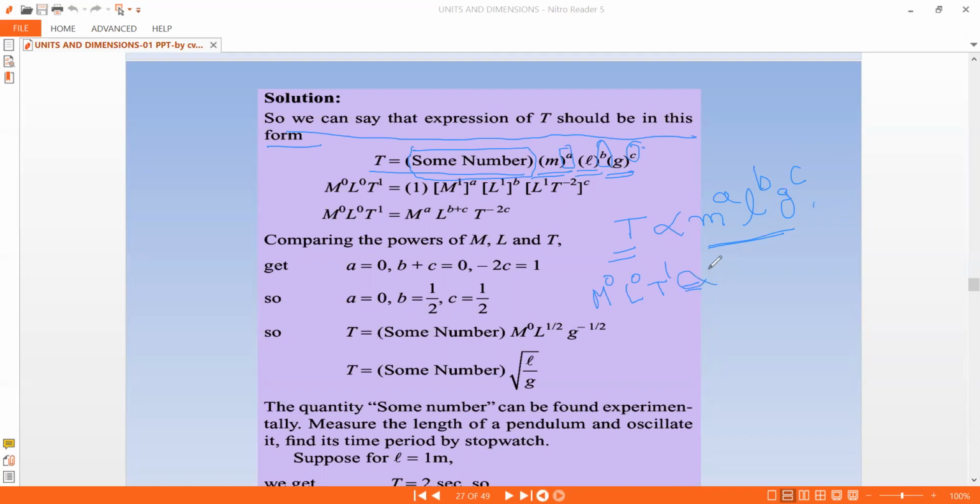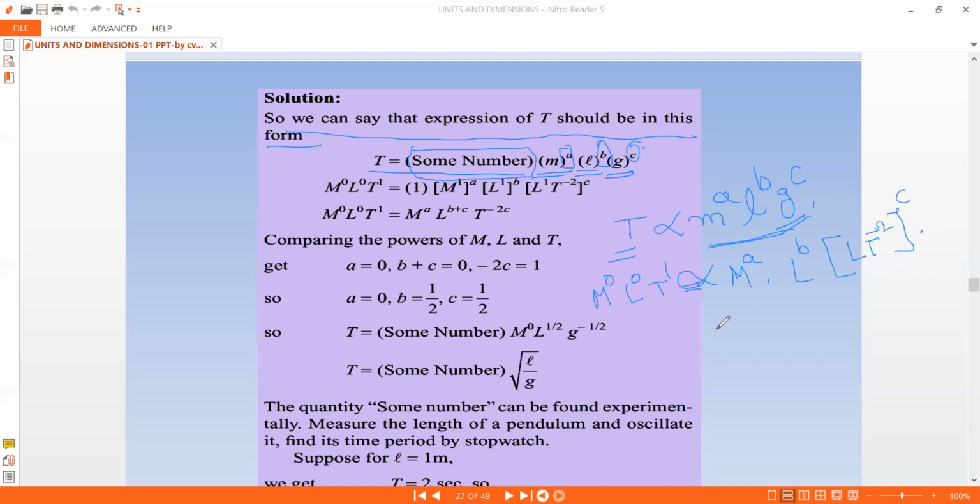So that number is anyway not going to come into the picture, and then this is the mass to the power of A, so that is M to the power of A into L to the power B. And whereas the acceleration due to gravity, how does that work? That is L T to the power minus 2. That is the acceleration dimensions, that is gravity. So that is to the power C.